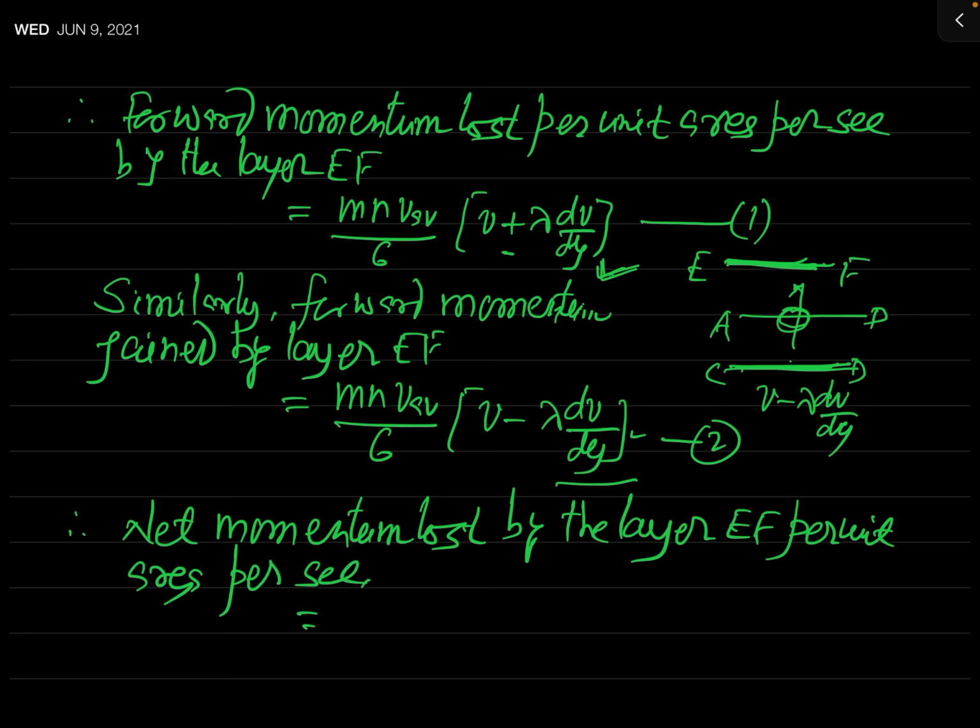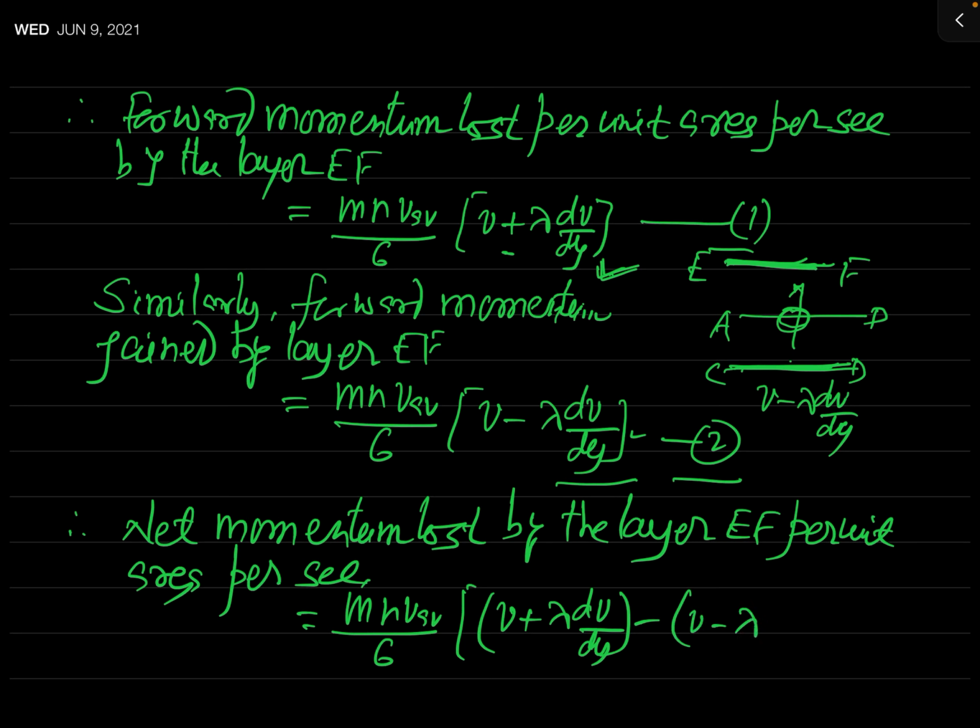And you know this will be simple: we will subtract equation 2 from equation 1 and you can see the algebra. Mn V average over 6 is a common factor, so take this as a common factor. Mn V average divided by 6, and we will subtract from V plus lambda dV by dy, V minus lambda dV by dy. इसको subtract कर देंगे.